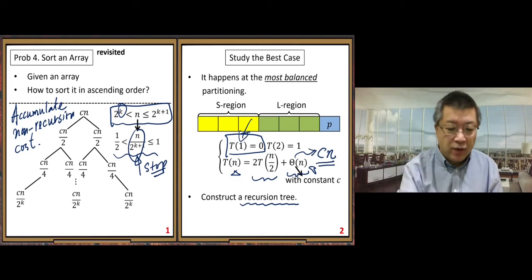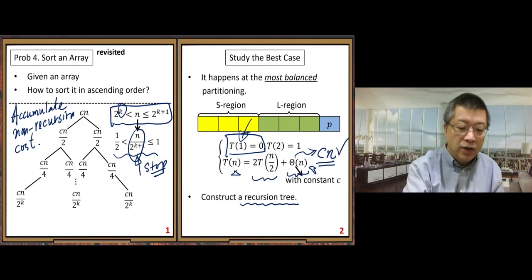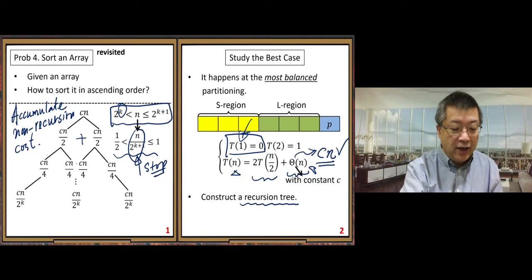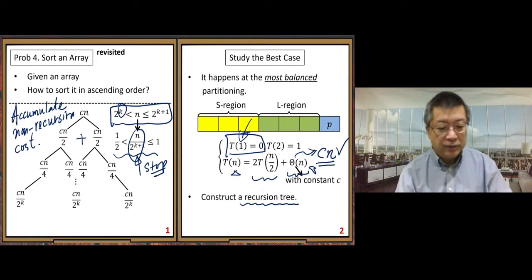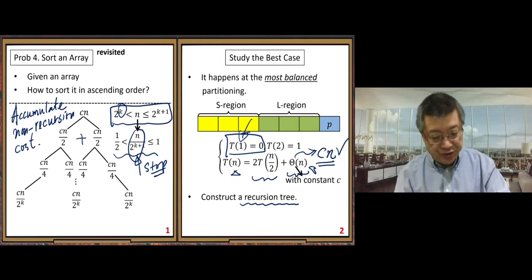That's why we only accumulate the non-recursion cost, c times n. Each level after accumulation is the same, c n. But how many levels do you have?